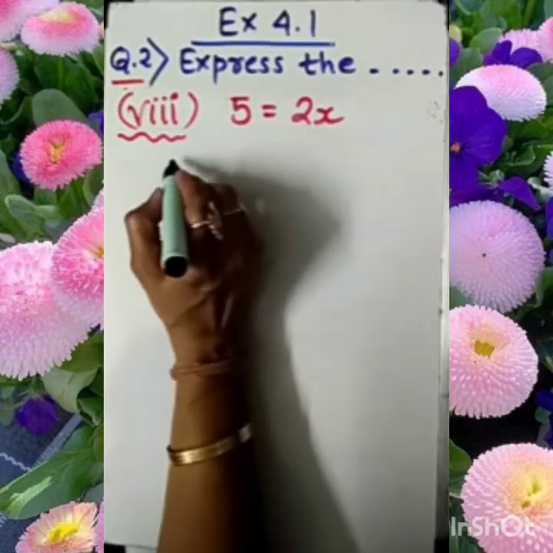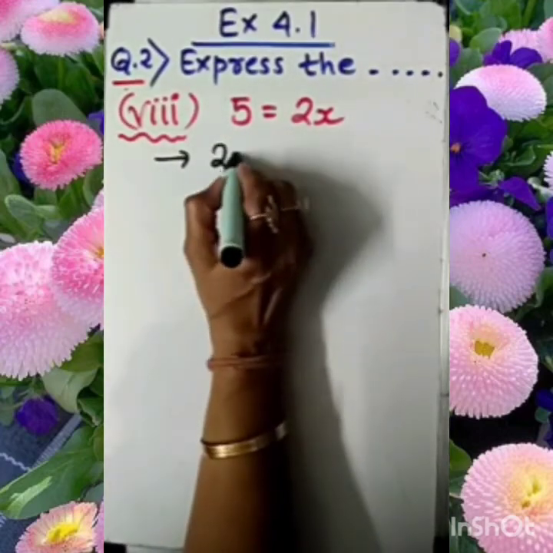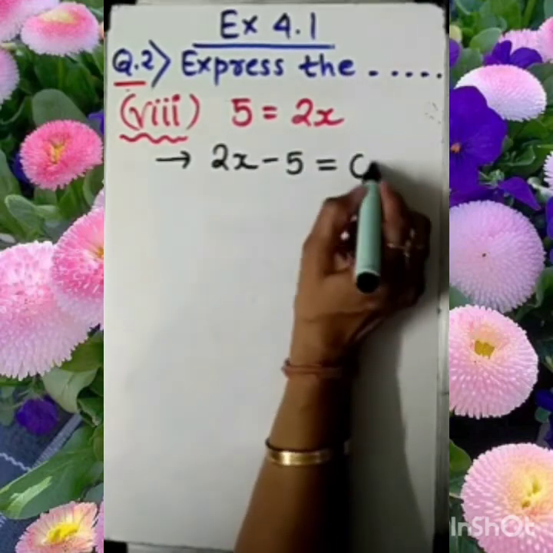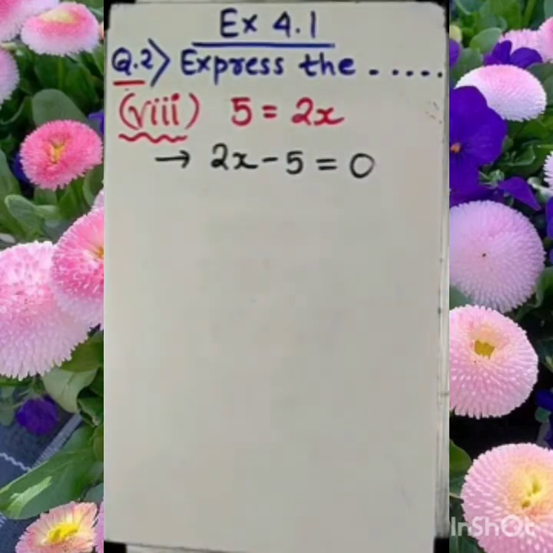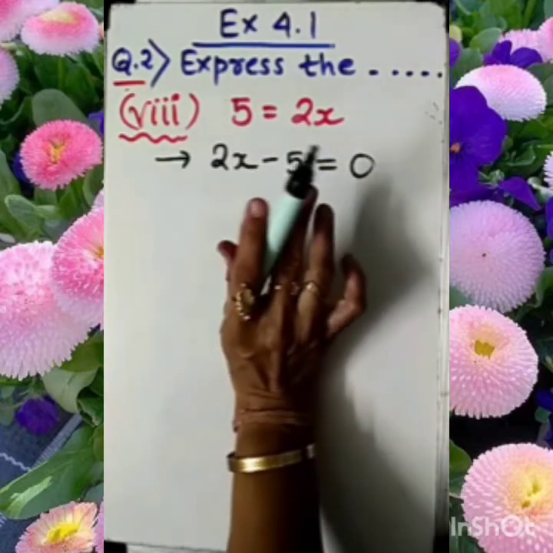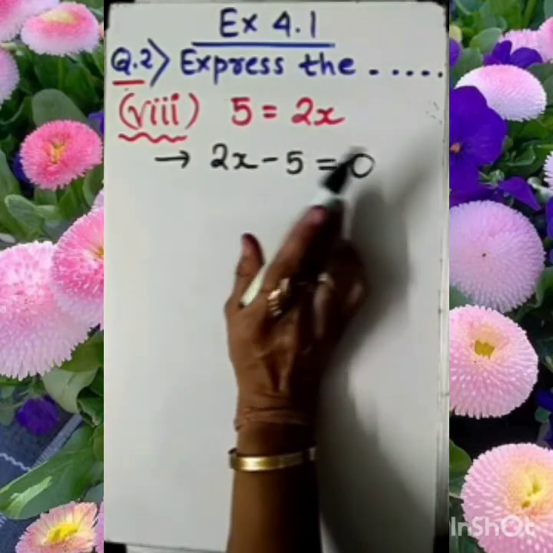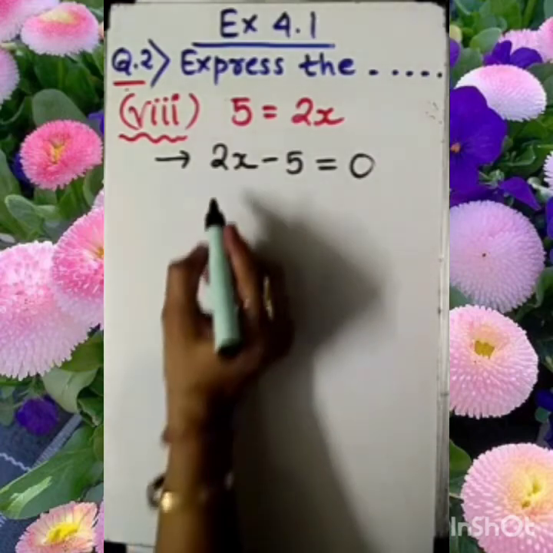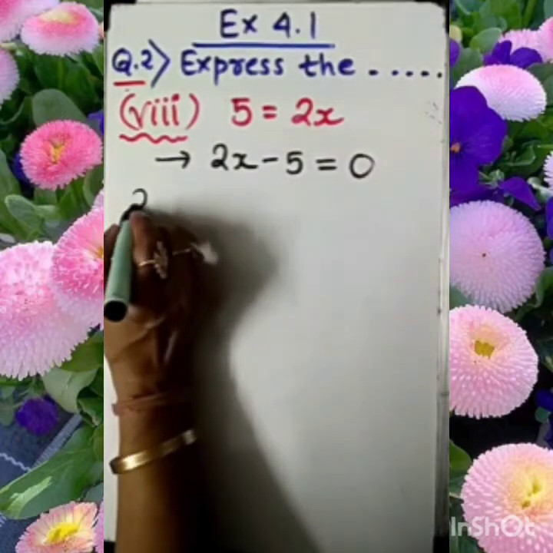So my equation will become like this: 2x, this 5 I am bringing to the right side. So 2x minus 5 equal to 0. The reason is that this 5 is positive, and by changing the side it is becoming minus 5.